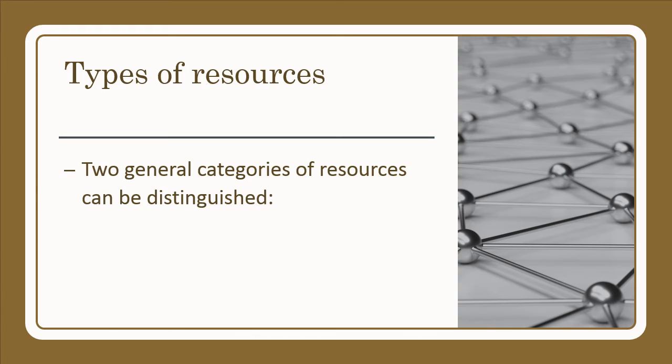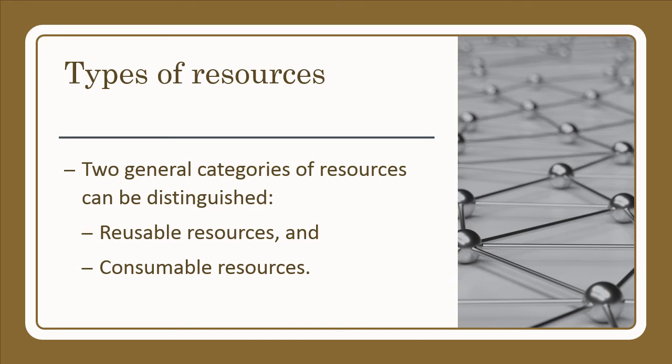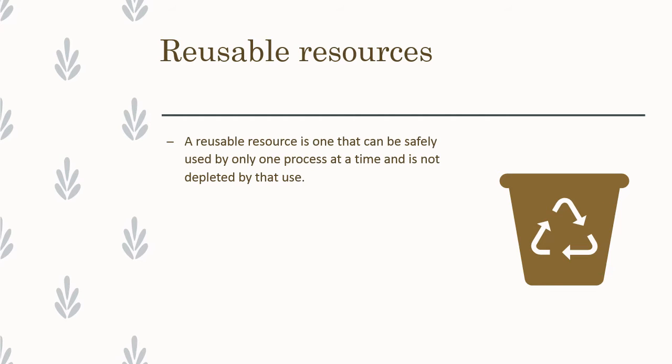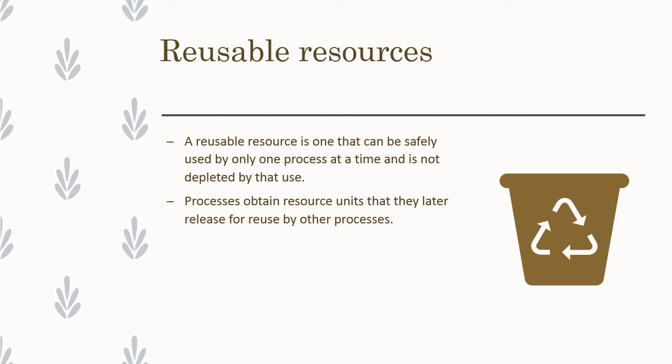Two general categories of resources can be distinguished: reusable resources and consumable resources. Reusable resources. A reusable resource is one that can be safely used by only one process at a time and is not depleted by that use.